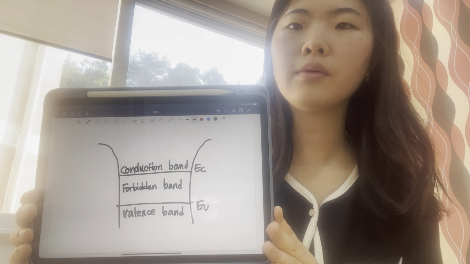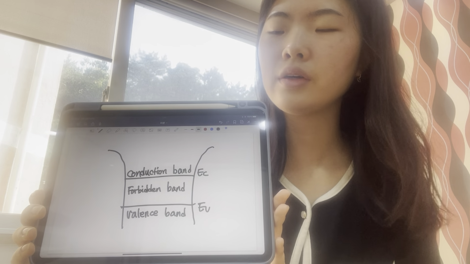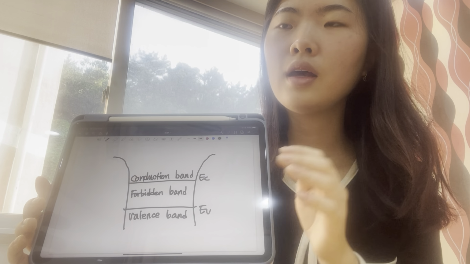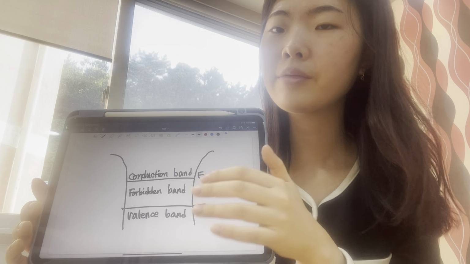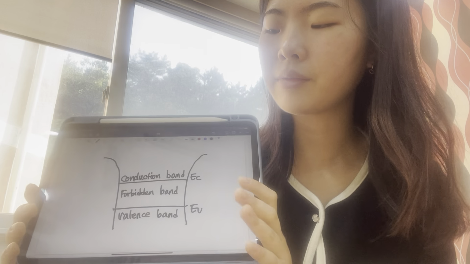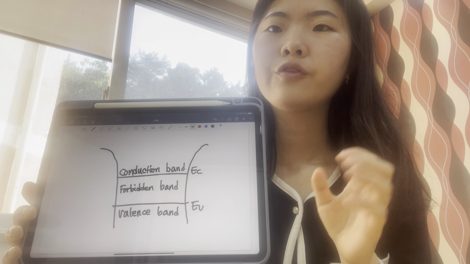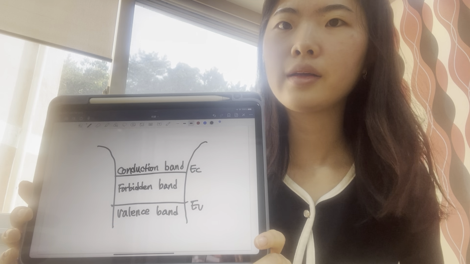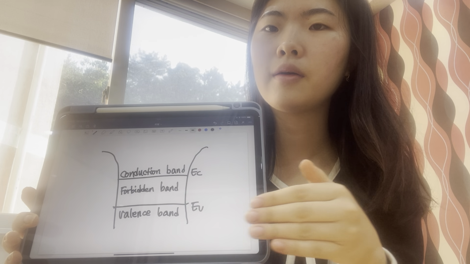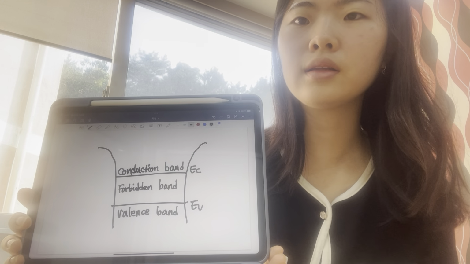And this is the basic energy band of carriers. There are 3 types. The valence band is the fully occupied band, so electrons occupy it a lot.